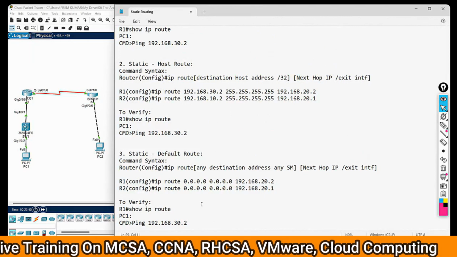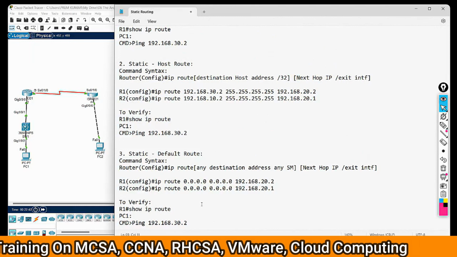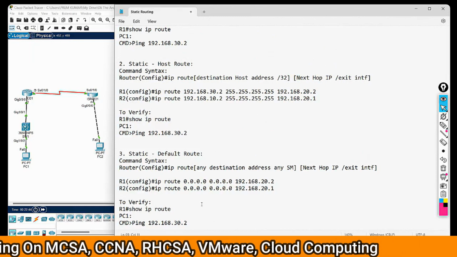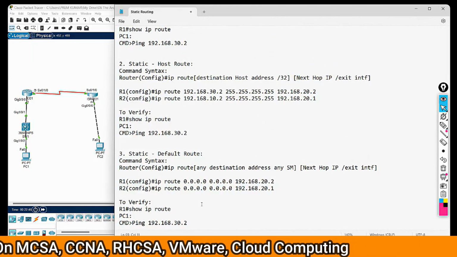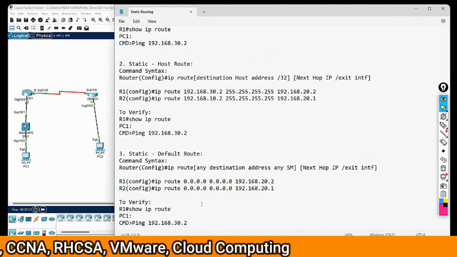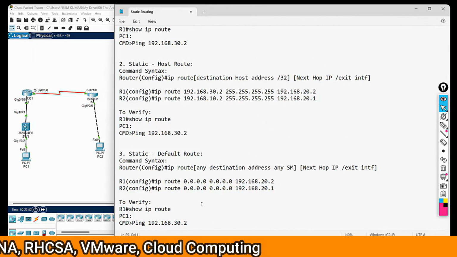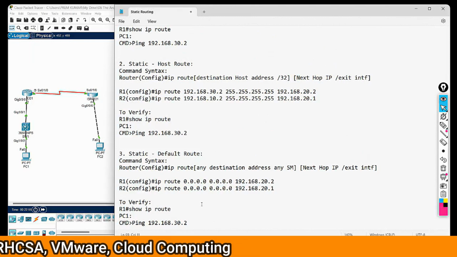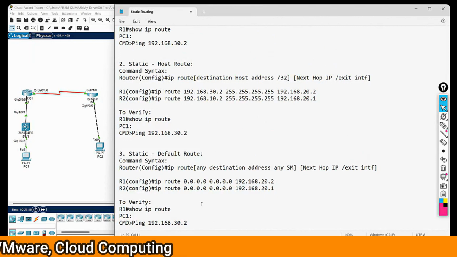Can you explain? In your home router, you will not have next-hop routes for all networks. It will have only one route, the default route. See, for example, there is a village where people live, and they don't know all the cities and countries.